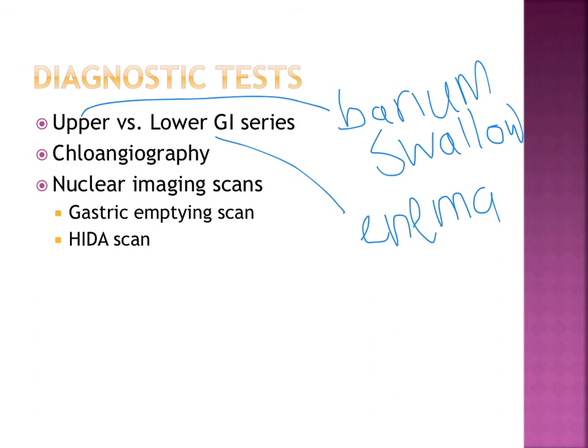In a gastric emptying scan, the patient actually eats an egg that has been injected with this radioactive isotope, and then they take pictures of it at various intervals, and we're looking to see how quickly the stomach empties. A HIDA scan, we would like to see what's going on mainly in the liver and the gallbladder. It does get a little bit of the small intestines, and here the patient actually gets an injection of the radioisotope.